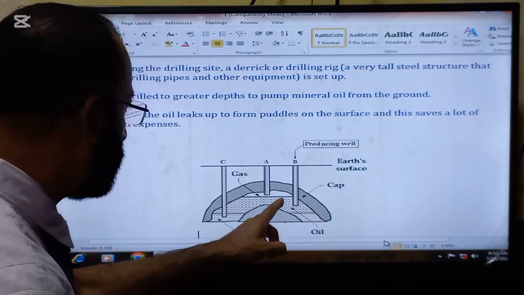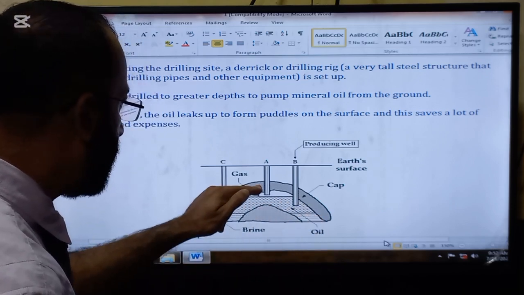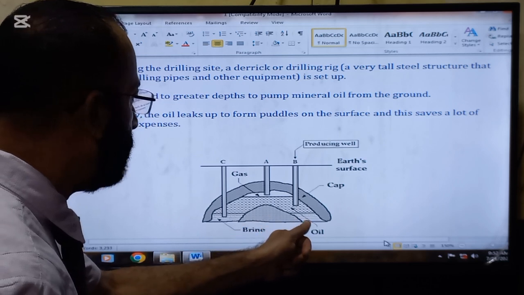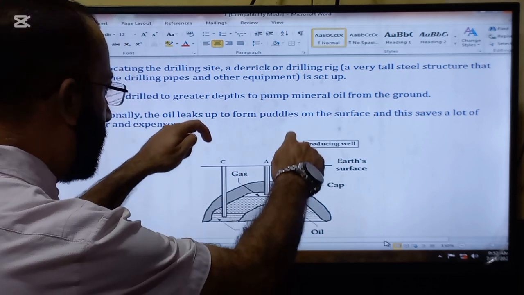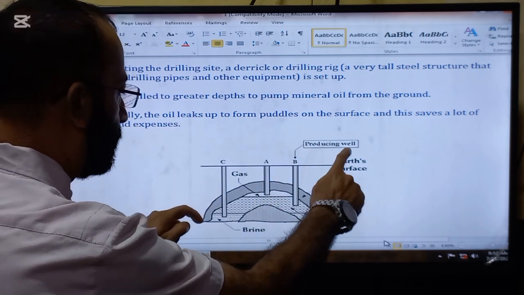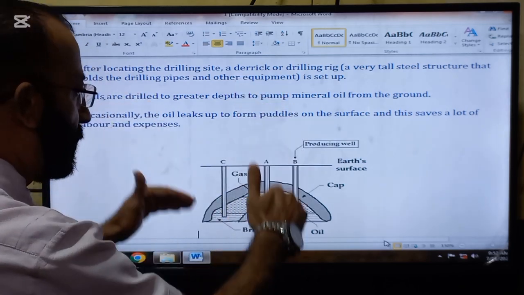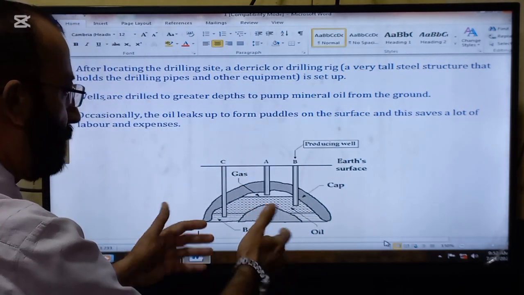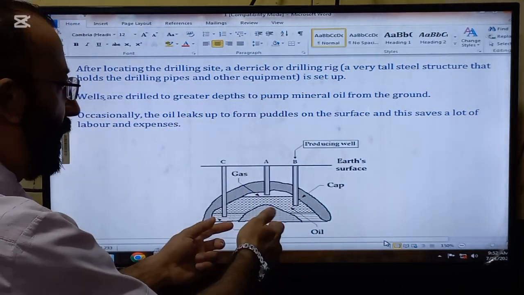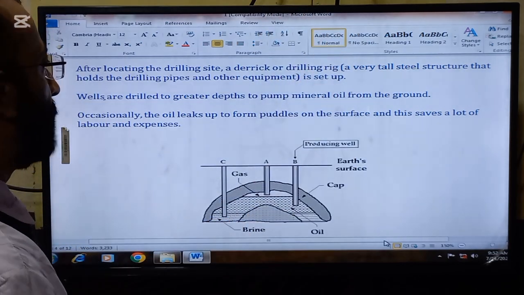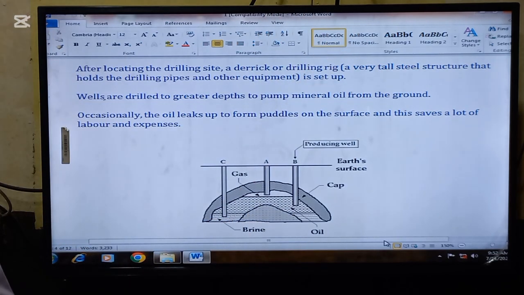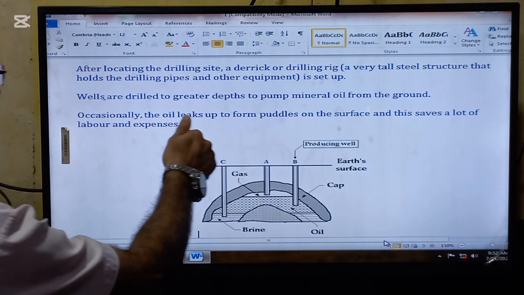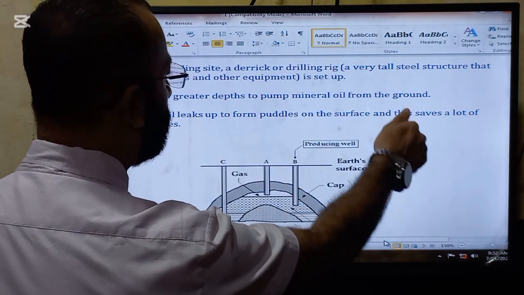Oil is found between, gas is above, and water is below. So this is a producing well, where drilling machines are set up to pump the oil above the surface of the earth.